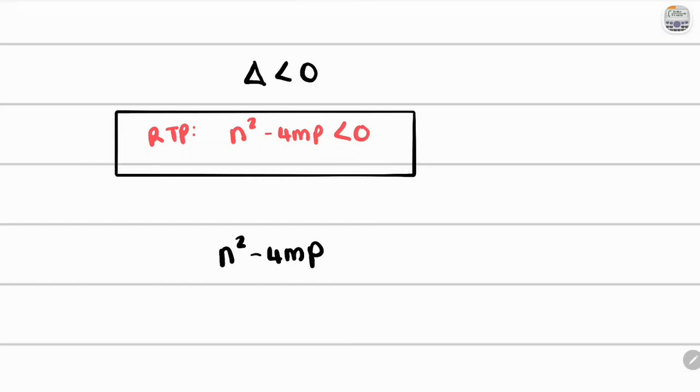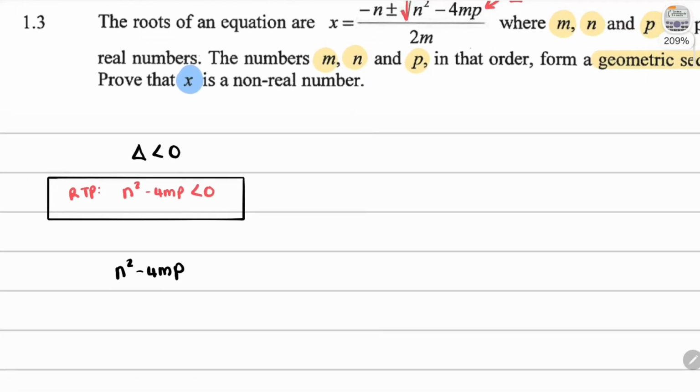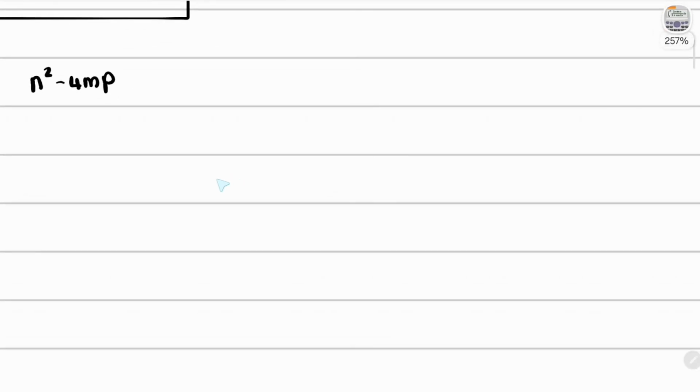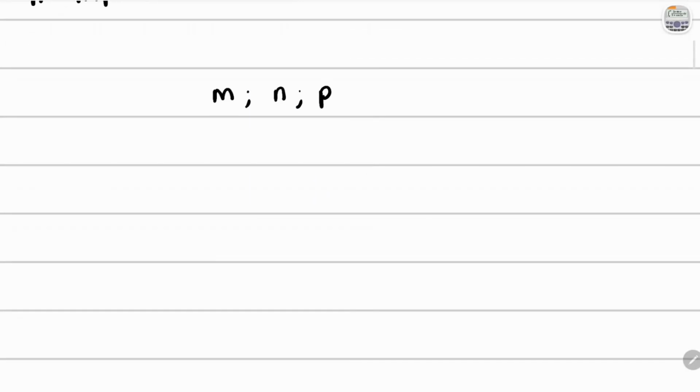So what do we know about this? We can take into account the other piece of information they gave us, which was that the numbers m, n, and p in that order form a geometric sequence. It is geometric, so it has a common ratio.